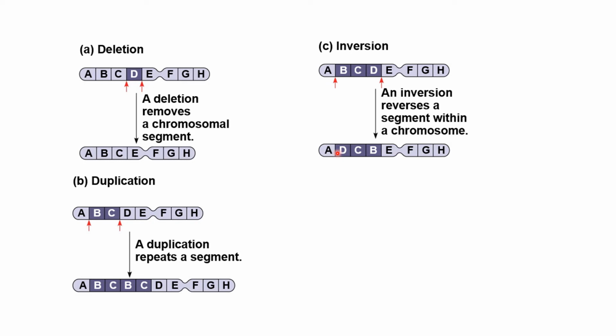So basically our 5' to 3' strand and our 3' to 5' strand reverse in this case. And this has all kinds of interesting effects, usually being pretty bad for the organism involved. Though if it happens over a short period, this is a type of mutation that can actually lead to some advantages.